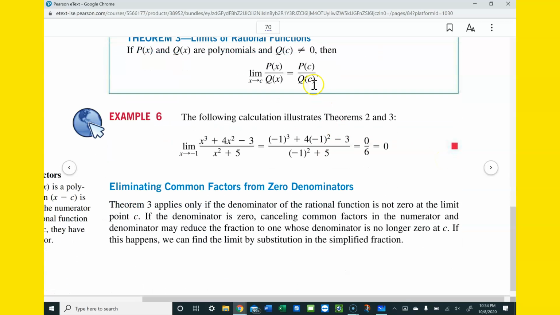When it does, then you're going to have to do some extra steps, like simplifying things to see if the denominator could cancel out, stuff like that, little tricks.